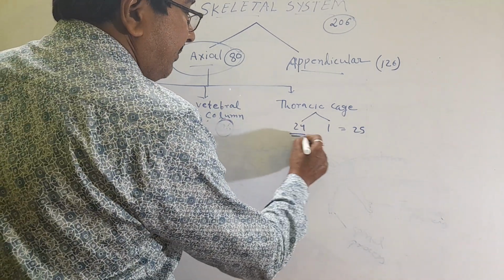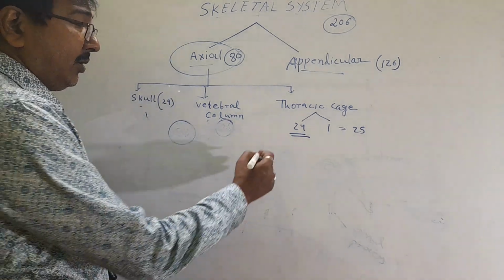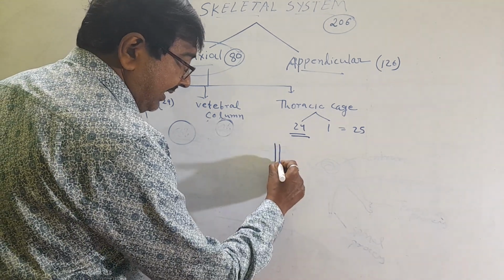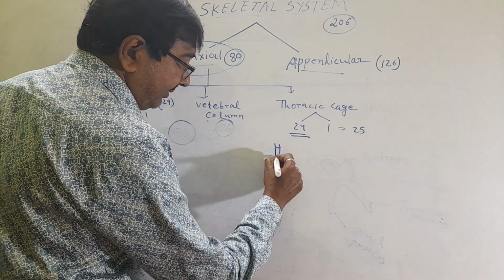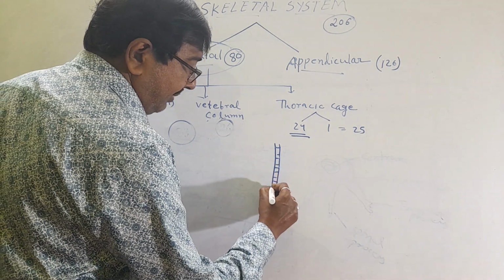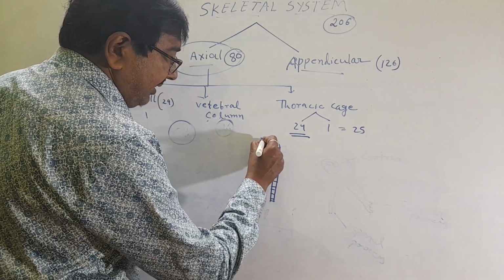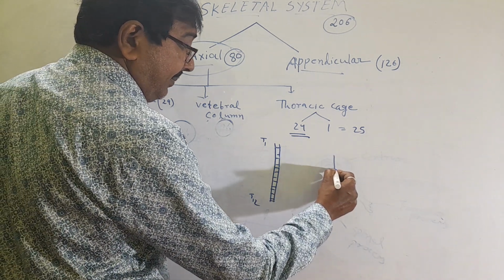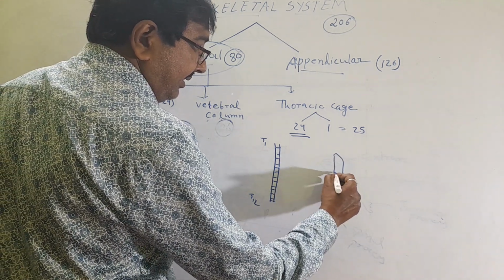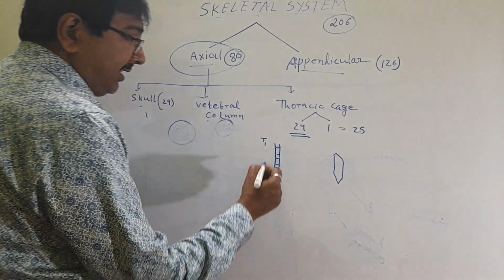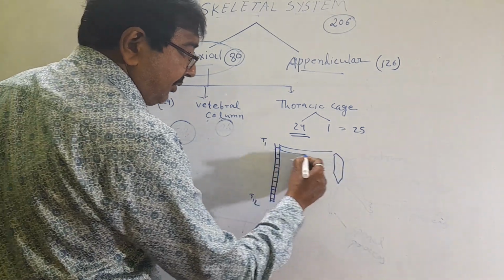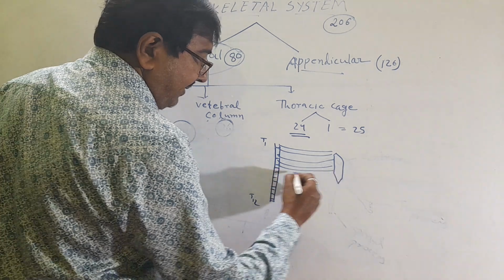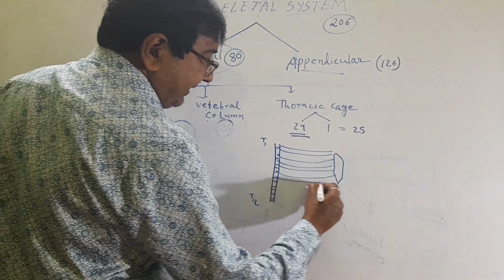Total 24 ribs are there. Suppose this is the vertebral column, this is the thoracic vertebra, T1 to T12, and here is the sternum. The ribs are 1, 2, 3, 4, 5, 6 and 7.